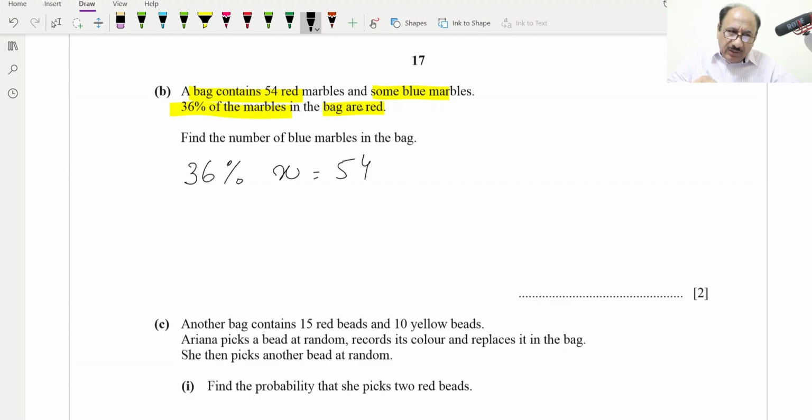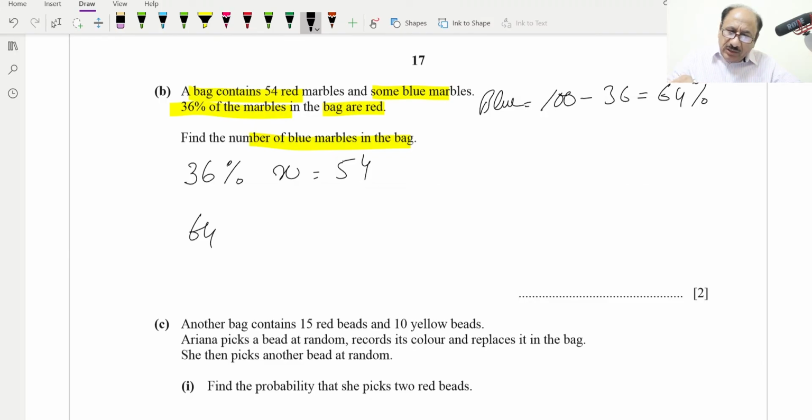They are saying find the number of blue. So blue marbles will be the rest: out of 100%, 36% are red, so the remaining will be 64%. This will be basically blue.